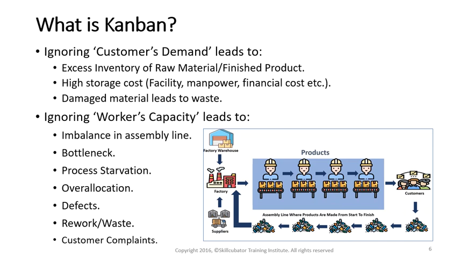Over allocation. There might be some workstations that have more work than what they can handle. Defects, rework, waste, customer complaints, meaning we have unhappy customers complaining, returning products, and all this will impact the customer loyalty, product, as well as company image.